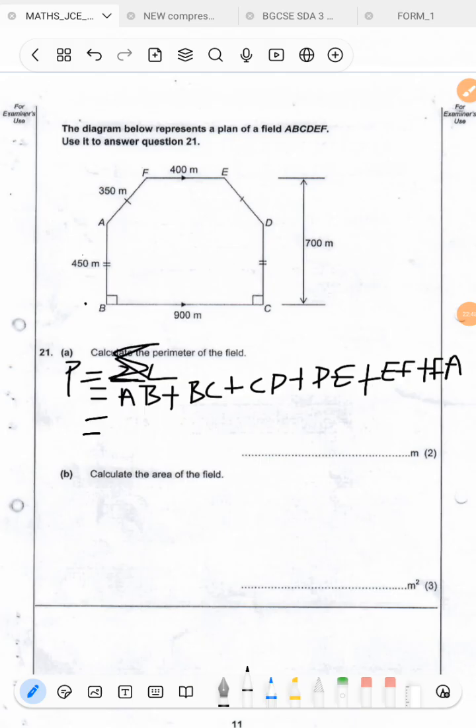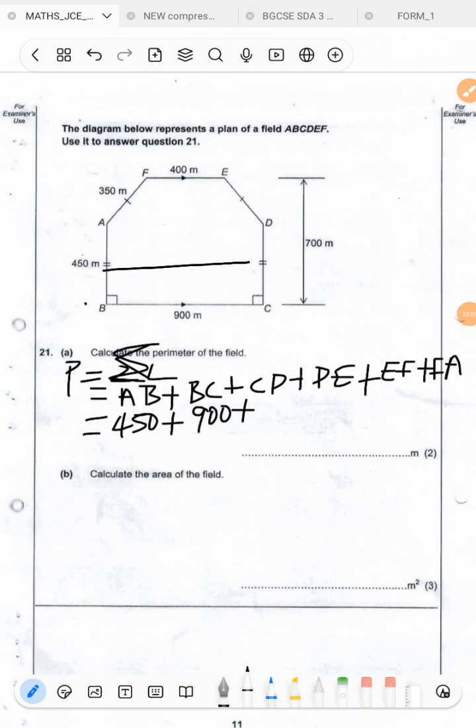So what is AB? AB is going to be 450 meters. I'm just not writing meters so that I avoid any confusion. BC is going to be 900 meters plus, as long as you don't forget the units at the end, then you should be fine.